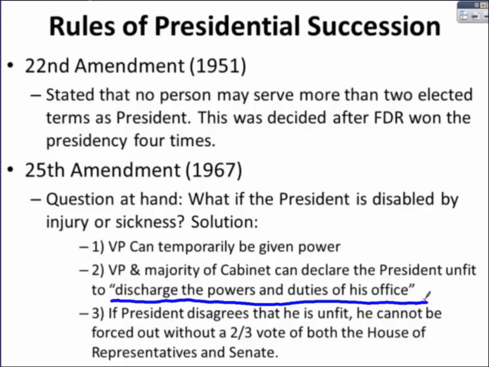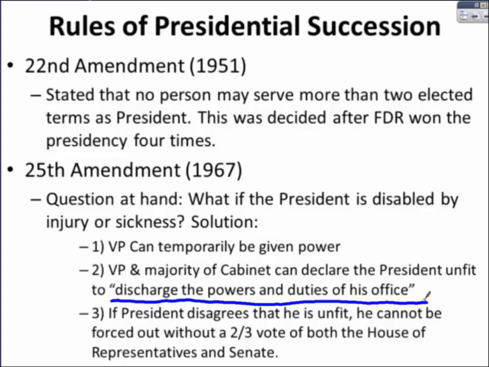His vice president, who in the movie is a woman played by Glenn Close, refuses to sign the paperwork filled out by other members of the cabinet, and therefore still keeps the presidential powers with the president aboard the hijacked Air Force One. Very, very dramatized, obviously, but an example nonetheless.